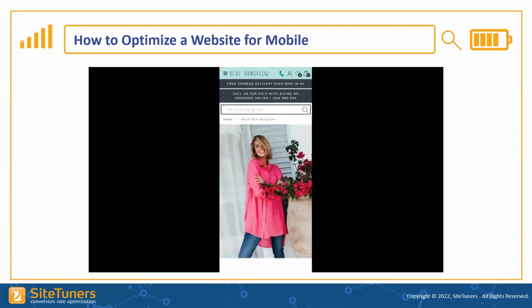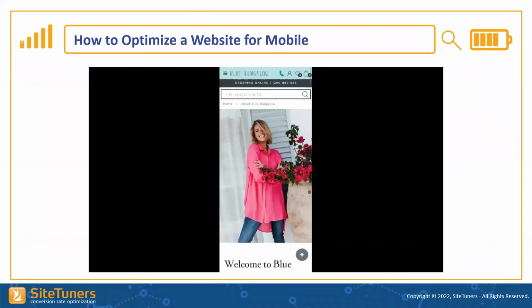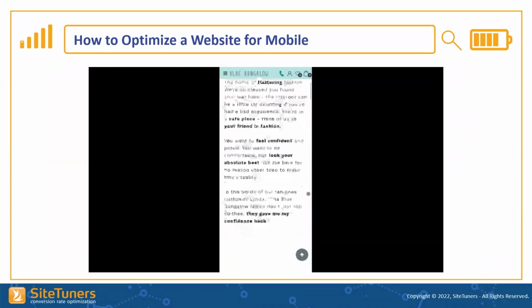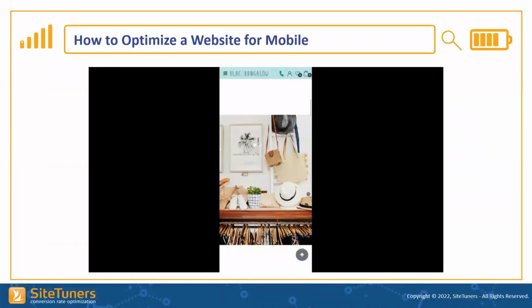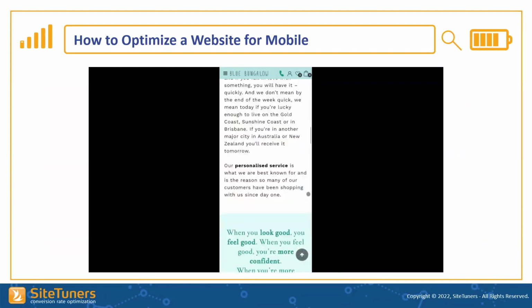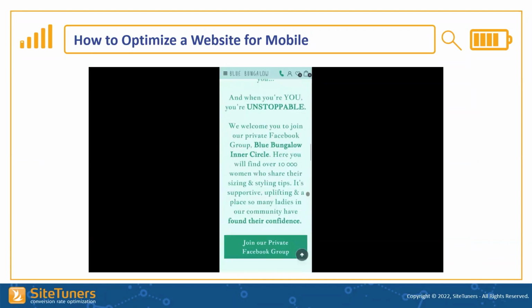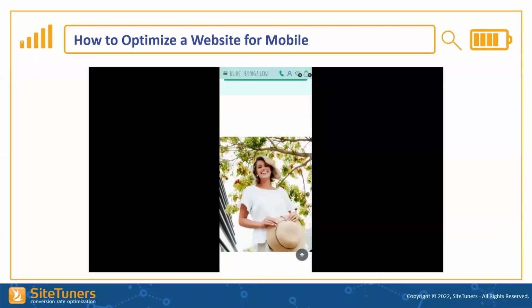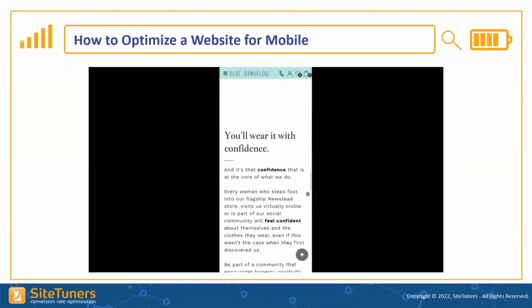So let's go here. So this is Blue Bungalow. This looks really good on desktop, but look at the spacing as this thing's starting to scroll here. It almost is as if everything was a second thought when they put this on here. And so the spacing just doesn't look good.